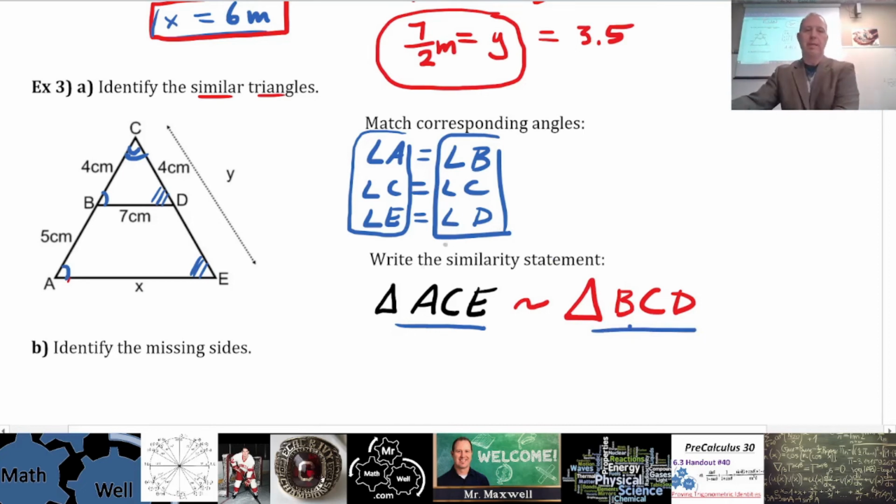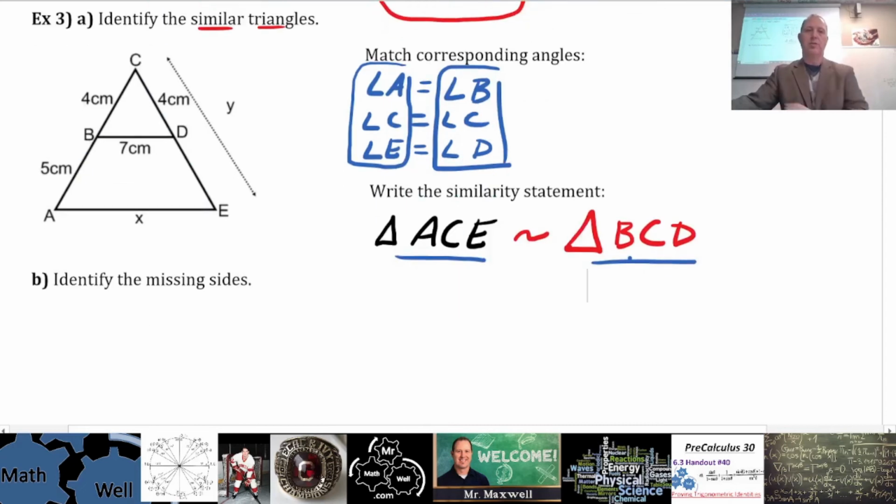All right. Okay, identify the missing sides. This is where it gets a little tricky, but we can do it if we use our proportion method. It's pretty easy. So what sides do we actually know from both of these? Which are given on both triangles? Okay, so side, not angle, but side.